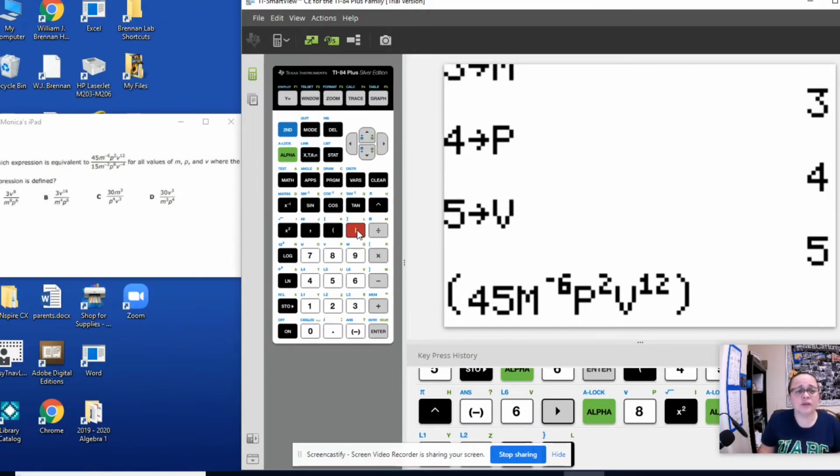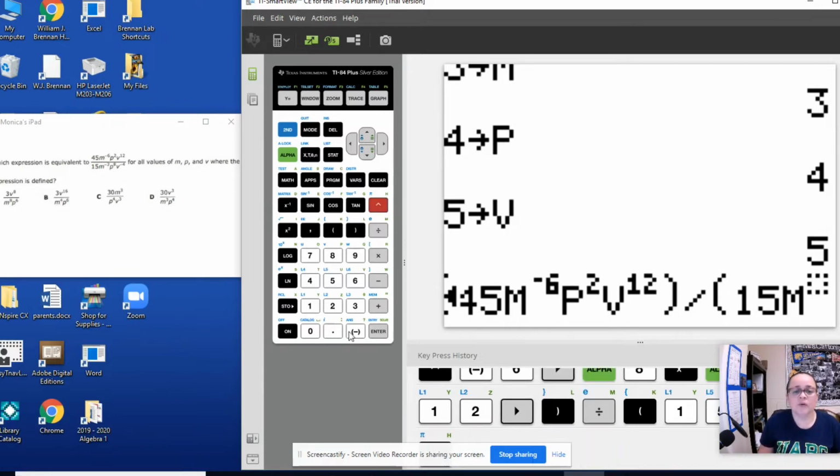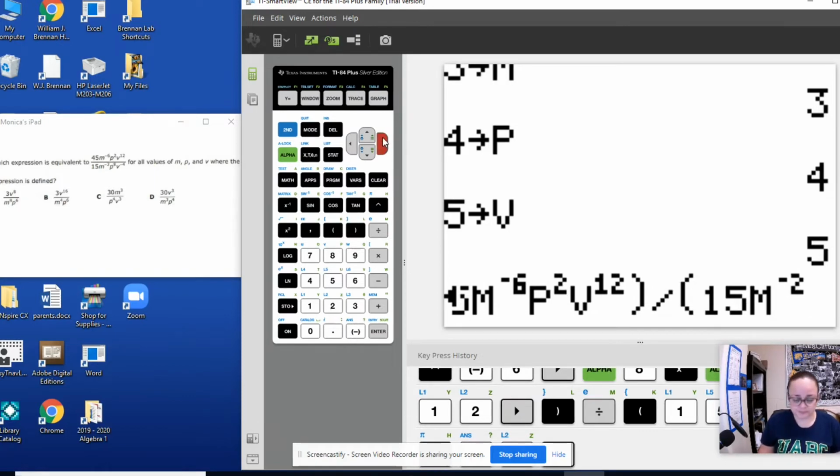So all this is my numerator that is divided, and now I'm going to type all my denominator. Open parentheses, 15, m to the negative 2, so I'm going to press alpha m, letter M, exponent, negative 2. Remember, we're using negative, not minus. Get out of the exponent.